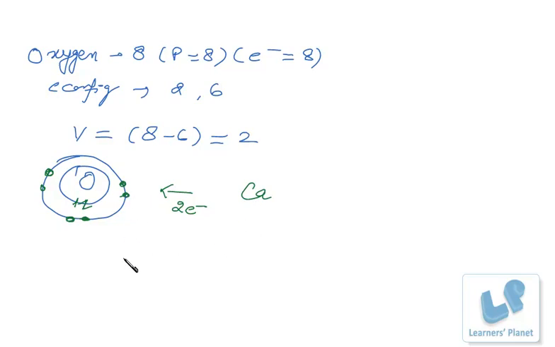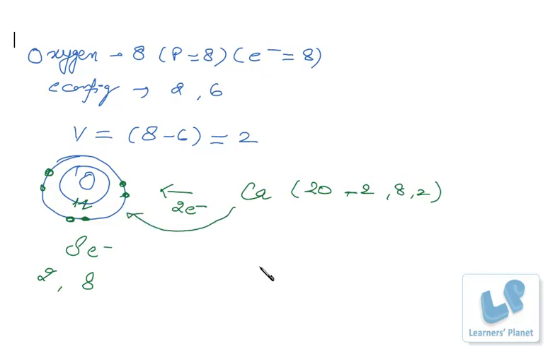It can take 2 electrons from calcium so that its outermost shell acquires 8 electrons. So what will be the configuration of oxygen then? It will be 2 and 8. Whereas calcium, the atomic number is 20, and the electronic configuration is 2, 8 and 2. So it will lose its 2 electrons and calcium will acquire the configuration 2, 8, 8.